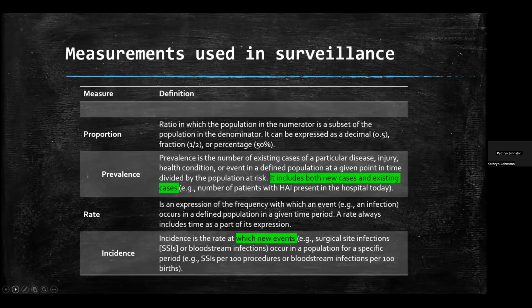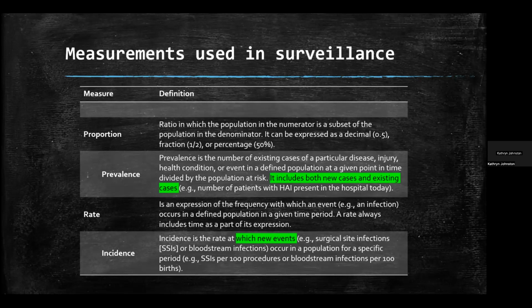So I talked about some of the measurements that are used, and I'm going to mostly focus on prevalence and incidence. The proportion is a ratio. The numerator is a subset of the denominator. It can be expressed as a decimal, a fraction, or a percentage.